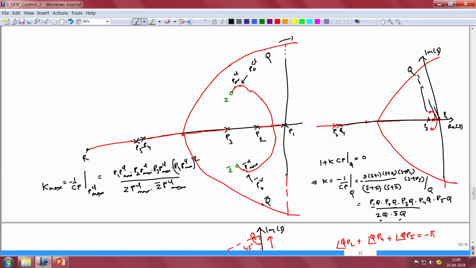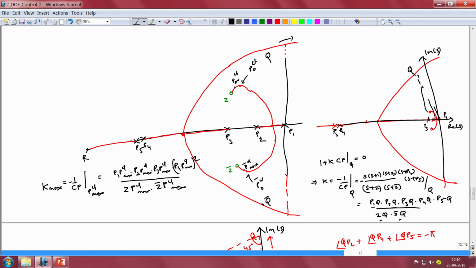We demanded that the gain at which the point Q will cross over from the left half of the complex plane to the right half should be greater than the maximum gain that the overall open loop system would assume when we have variation in the plant's parameters.